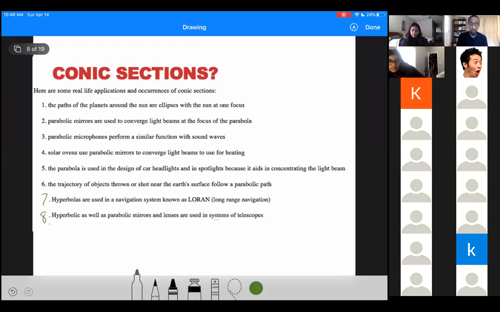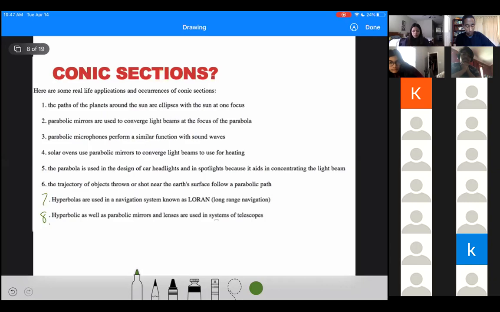The paths of the planets around the sun are ellipses with the sun at one focus. Thank you. And in that order, so Carlos R, number 2. Parabolic mirrors are used to converge light beams at the focus of the parabola.